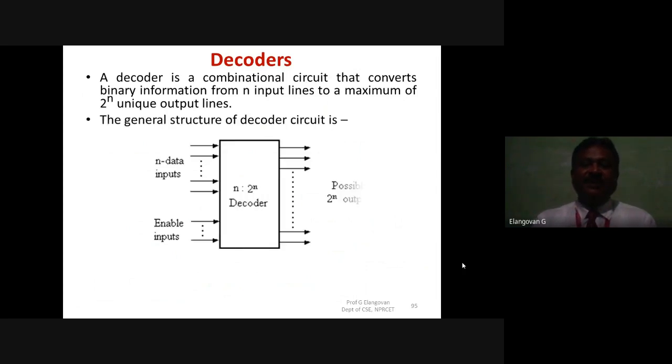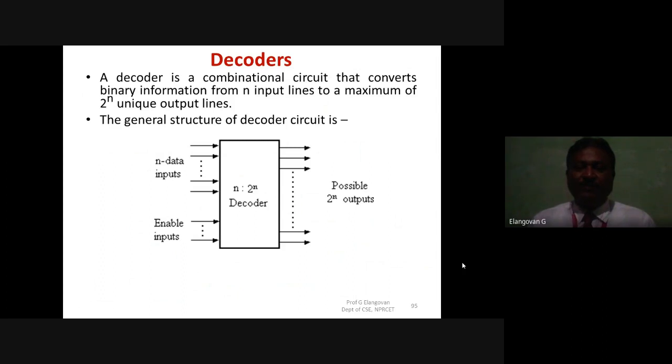So the general structure of a decoder looks like this. There will be n number of inputs and there will be 2 power n possible outputs, and you will have enable inputs. This enable input is mainly required to tell whether the output is a valid output or not. Since there is a possible zero output, zero and null outputs need to be distinguished.